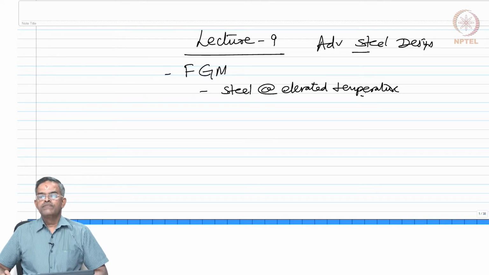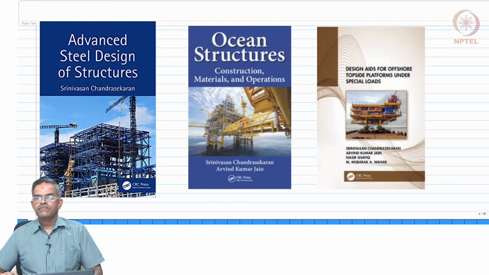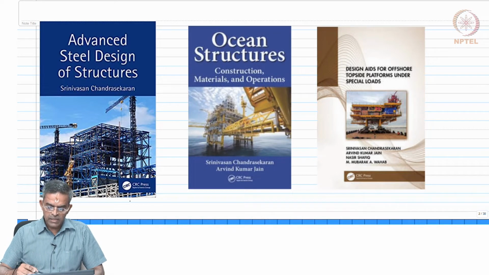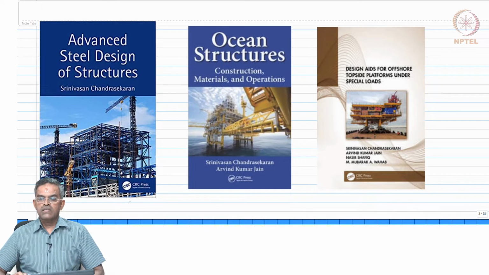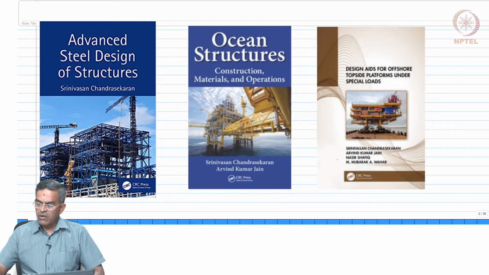So far friends, a very good reference for the previous context of discussions we had can be seen from these textbooks as shown on the screen. Advanced Steel Design of Structures authored by me for CRC Press, Ocean Structures and Materials authored by me and Professor Arvind Kumar Jain for CRC Press, and a recent book published by CRC on design aids for offshore topside platforms under special loads, which has got foreign authors as well in the textbook.